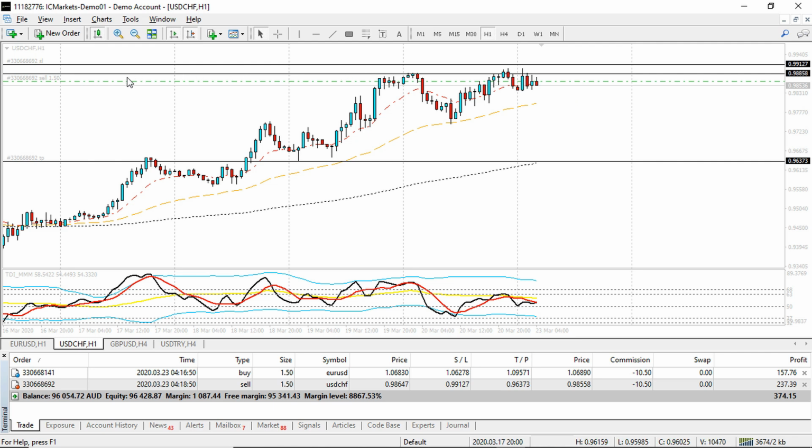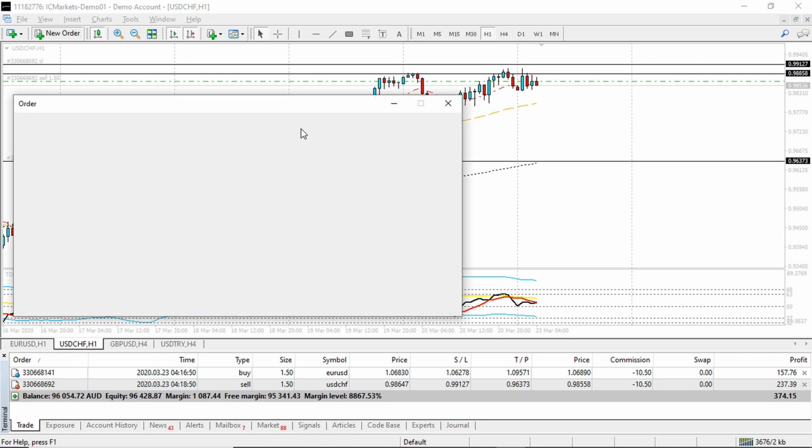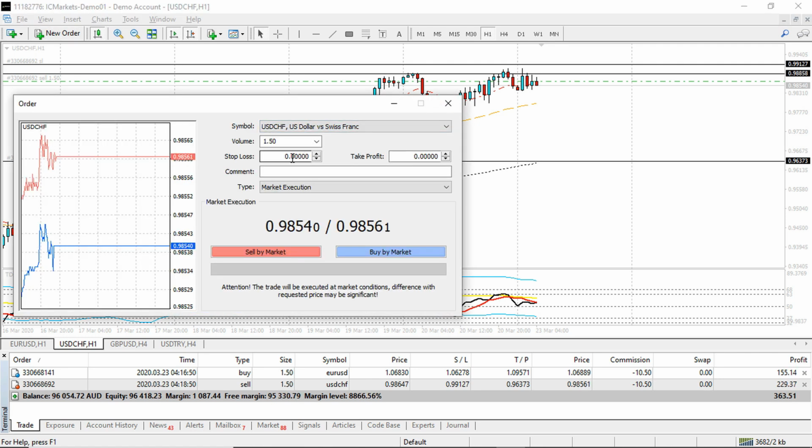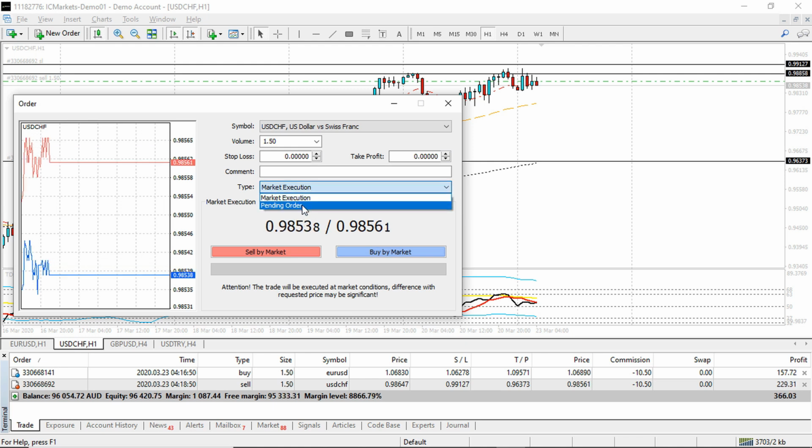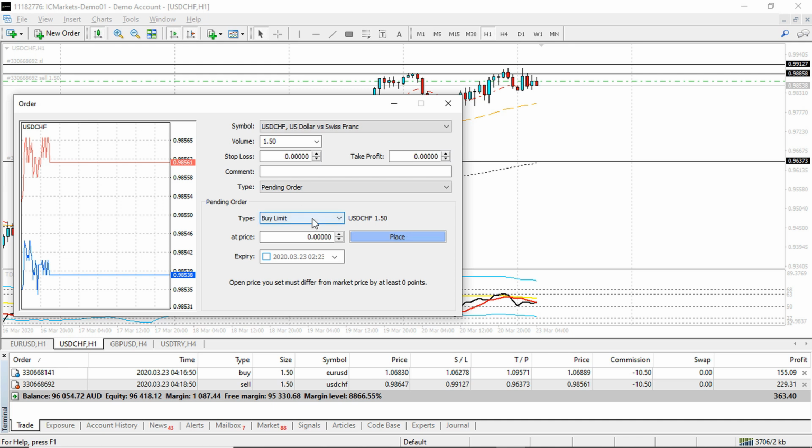So what you then do is you click on new order once again. If we're maintaining our lot size, in this case, let's maintain our stop loss, let's maintain our take profits. So what you then do is you click on type, you click on pending order, and then on type again you select sell limit.